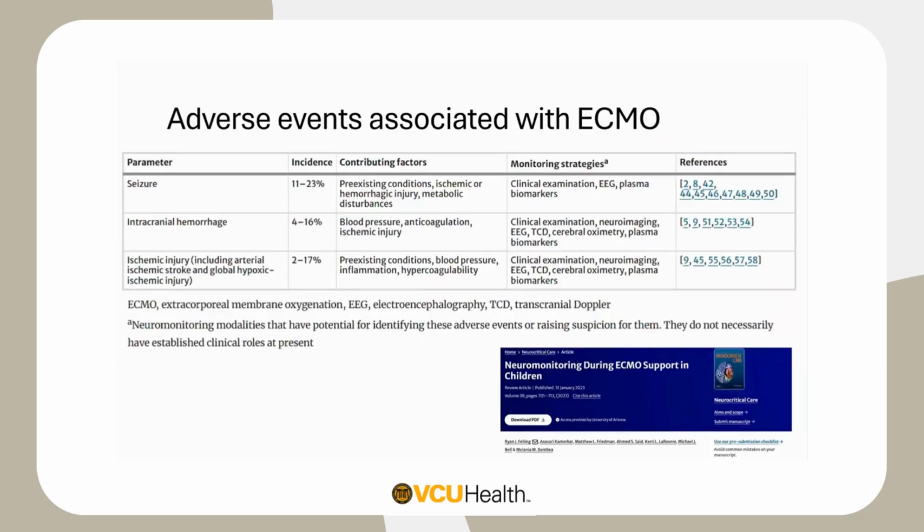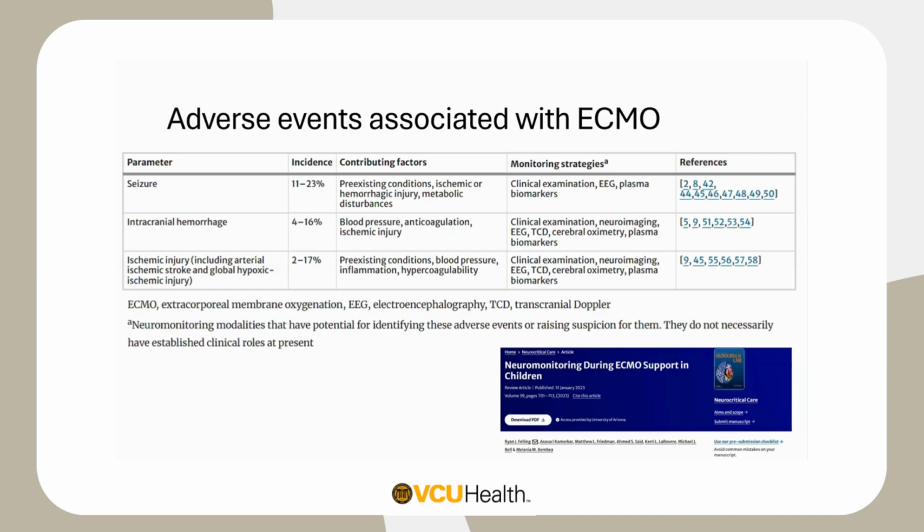There are studies that show that adverse events are very common in children on ECMO. Seizures are fairly common, with an incidence of 11 to 23%. This may be because of hemorrhage, stroke, or underlying hypoxic ischemic brain injury that may have happened during the ECLS time.